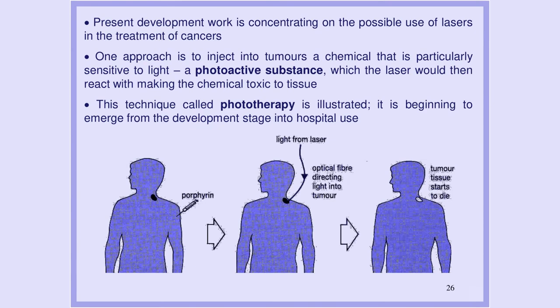The present development work is concentrating on the possible use of lasers in treatment of cancers. One approach is to inject into the tumor a chemical that is particularly sensitive to light, a photoactive substance, which the laser would then react with, making the chemical toxic to tissue.